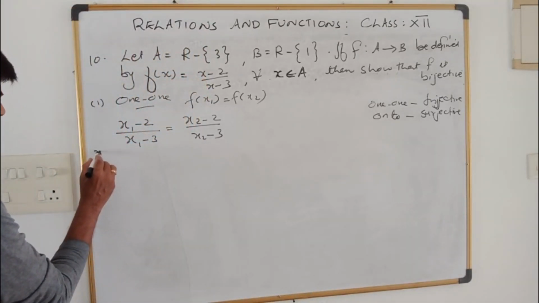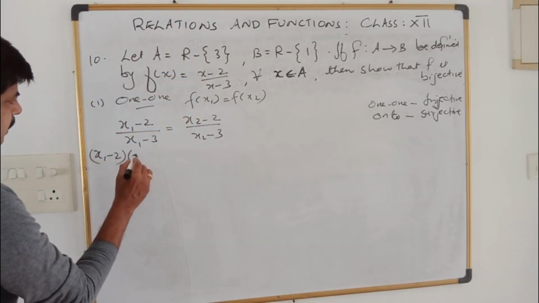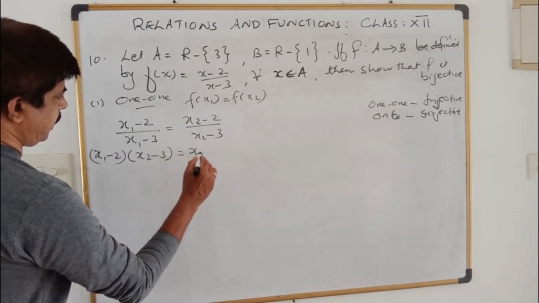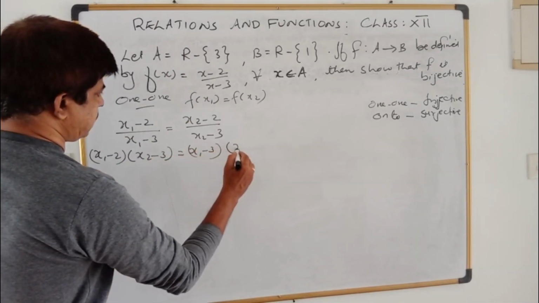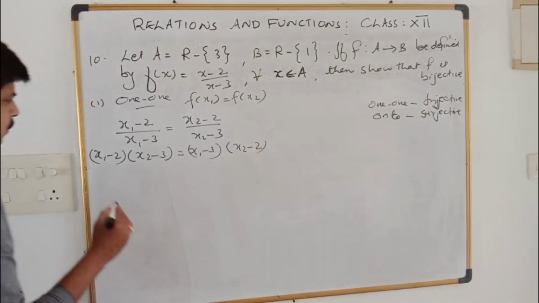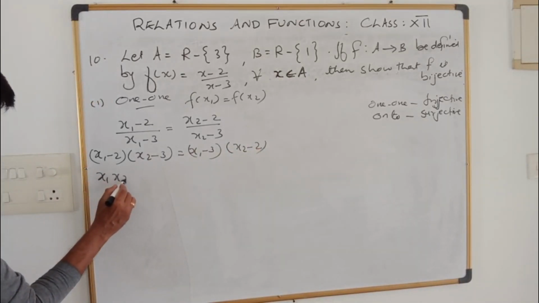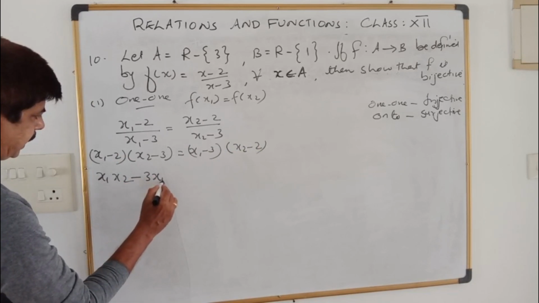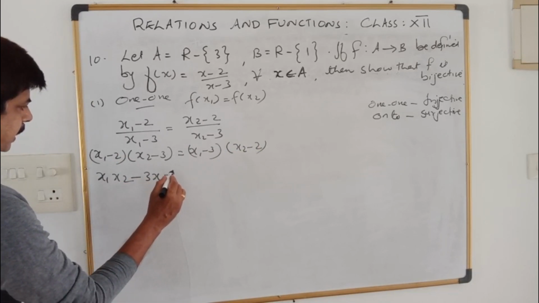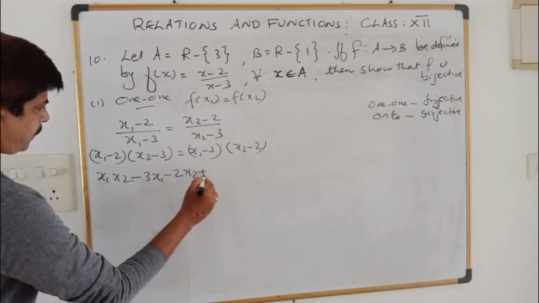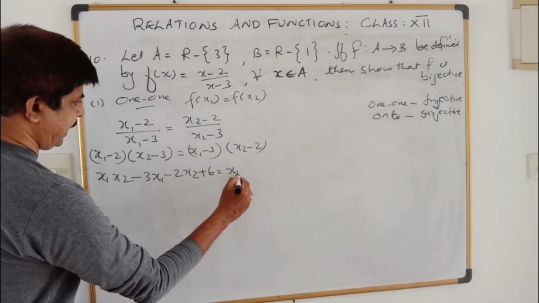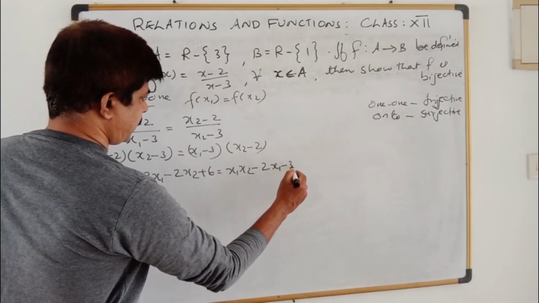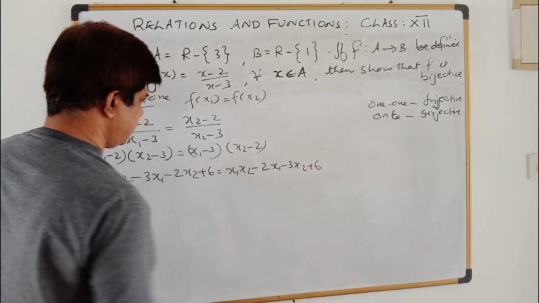Okay, so cross multiply: (x1 minus 2)(x2 minus 3) equals (x1 minus 3)(x2 minus 2). Opening the brackets: x1 x2 minus 3 x1 minus 2 x2 plus 6 is equal to x1 x2 minus 2 x1 minus 3 x2 plus 6.